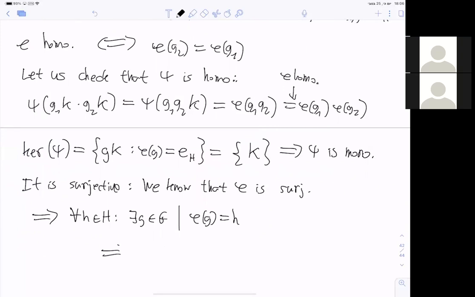And so psi of gK, which is phi of g, will equal h. So this is the source of any h in the quotient group. So this is surjective, injective, a homomorphism, and well defined. So this is an isomorphism.